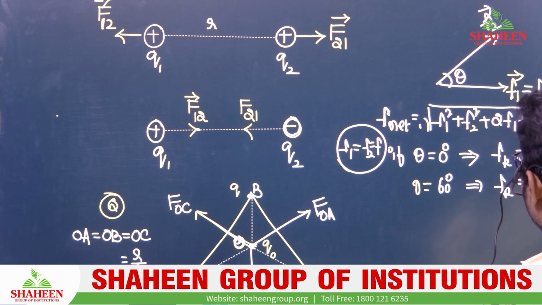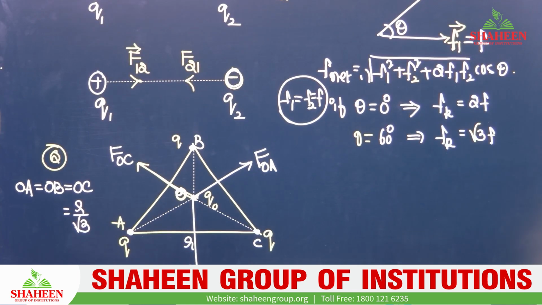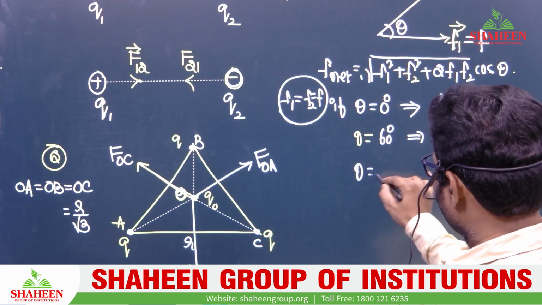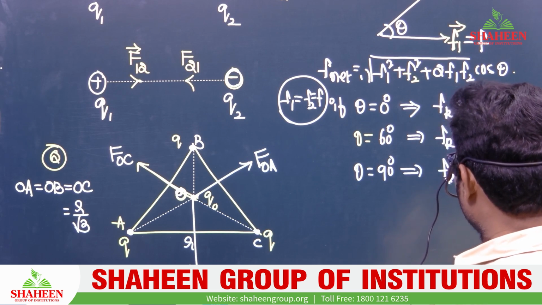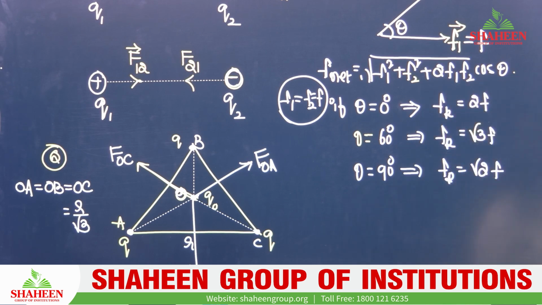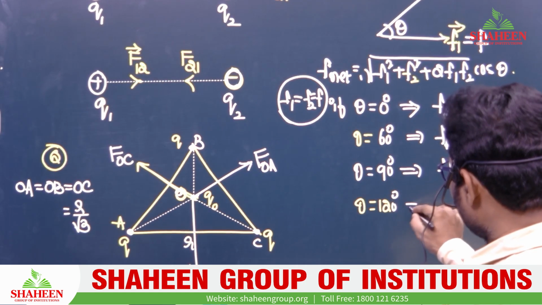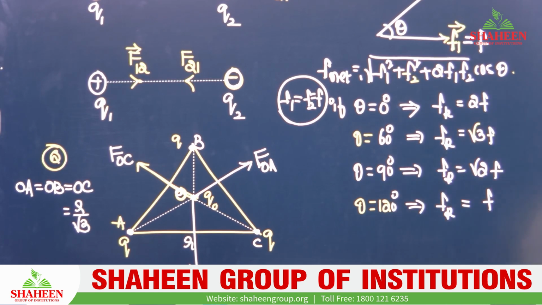Make sure that F1 is F and F2 is also F. So let us go for, if theta is equal to 90 degrees, the resultant force is root 2 times of F. If theta is equal to 120 degrees, the resultant force is F only.